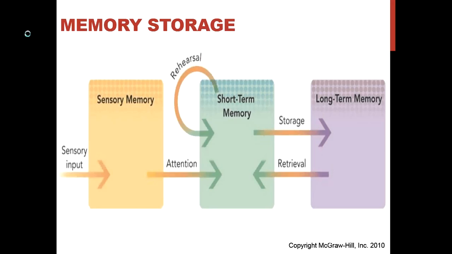We also need to be able to store that information. We have 3 types of storage units, we could say. We have a storage unit for sensory memory, which is very short and fleeting. In other words, sensory memory comes and goes very quickly. Within a few seconds, we don't even think about it anymore.